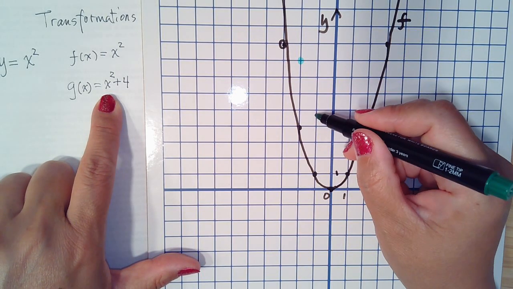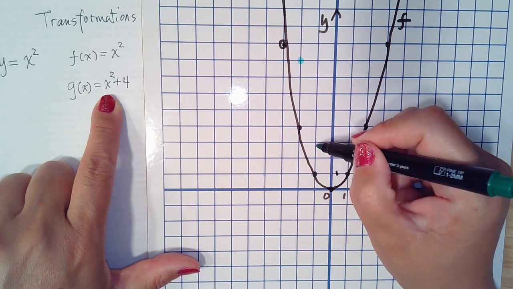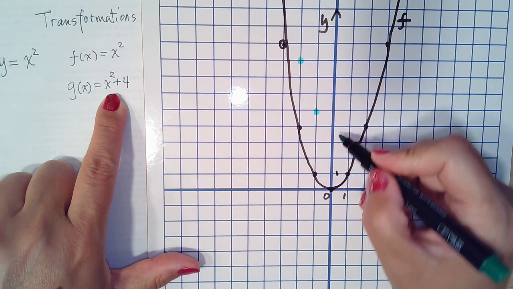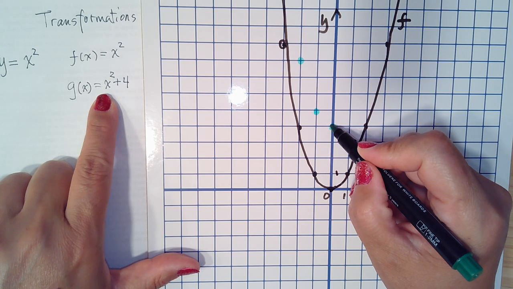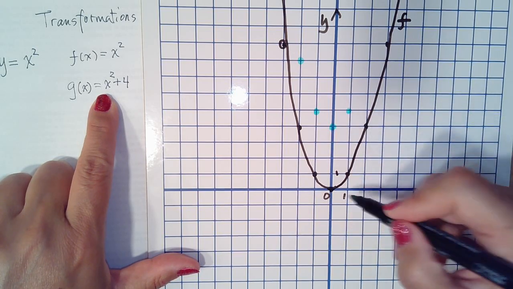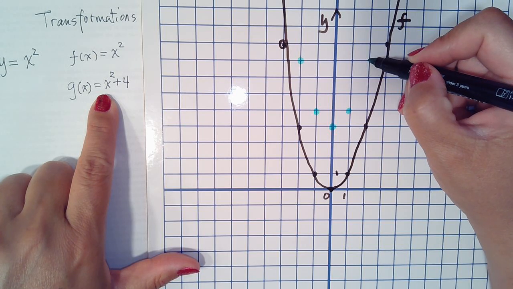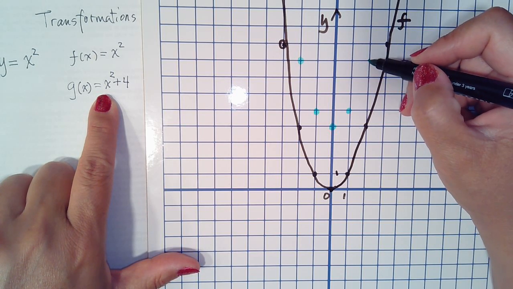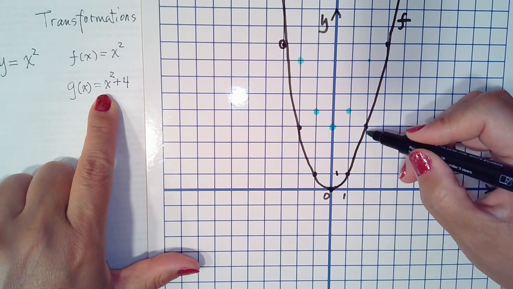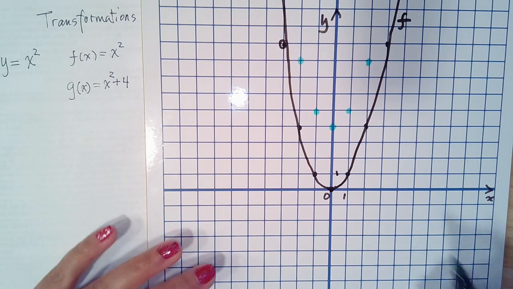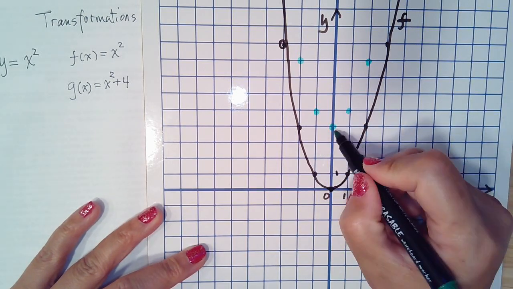I have a 2, 3, 4. I have 5. And then when x equals 0, I get a 4. Okay, when x equals 1, I get a 5. When x equals 2, I get a 8. Is that 8? It's a 4, 8 here. I have this 5 blue. This is green points.